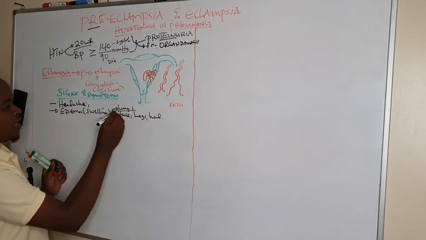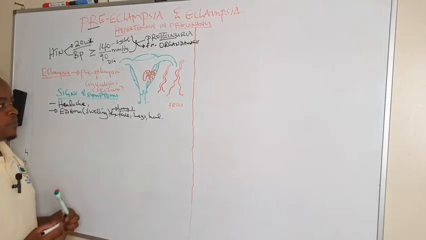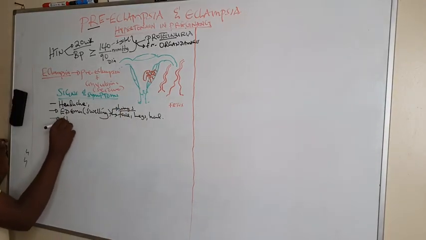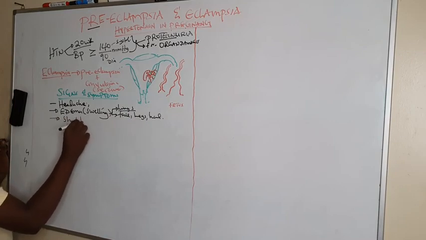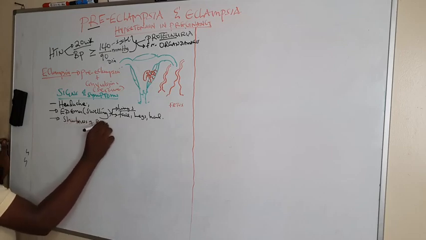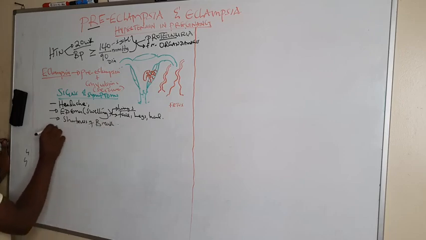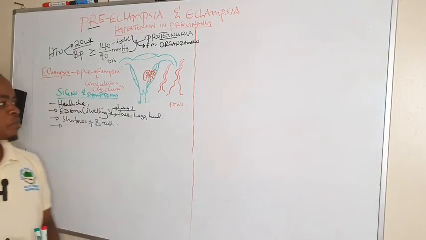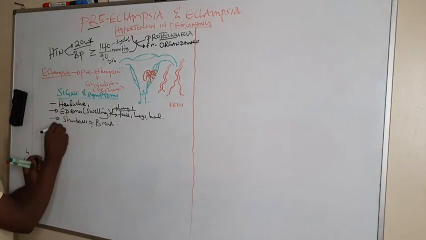And this swelling of the lungs, what we call pulmonary edema, is characterized by shortness of breath. You find there is difficulty in breathing, which we term as dyspnea. Then there are other complications we can find.